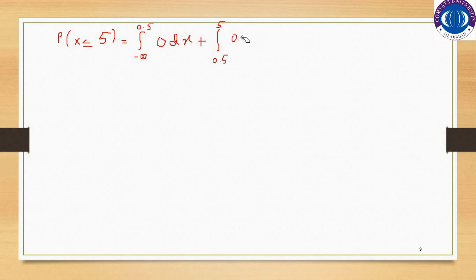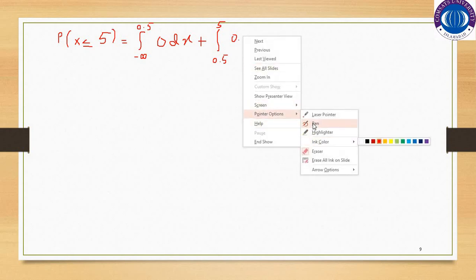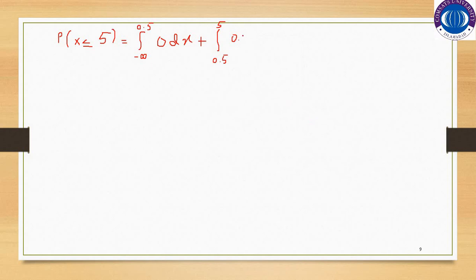We'll use the eraser here. Our function is, I think, 0.15 into e raised to power 0.075.